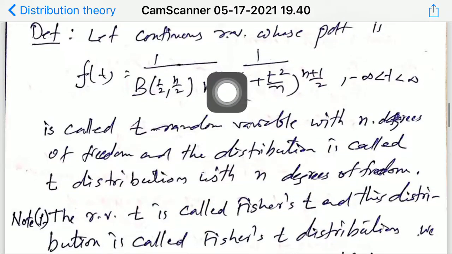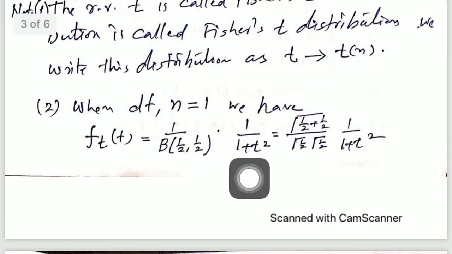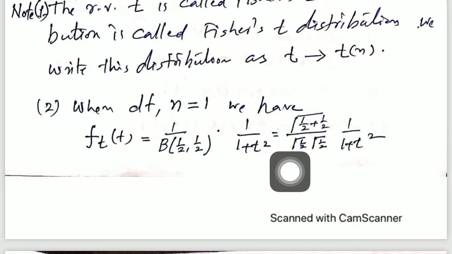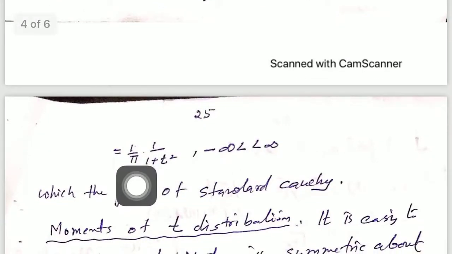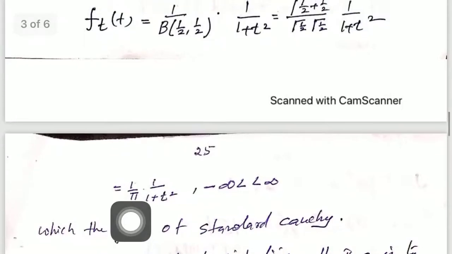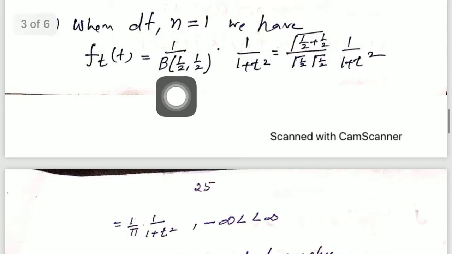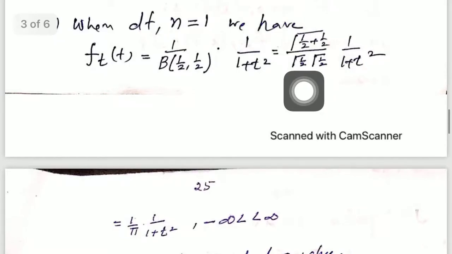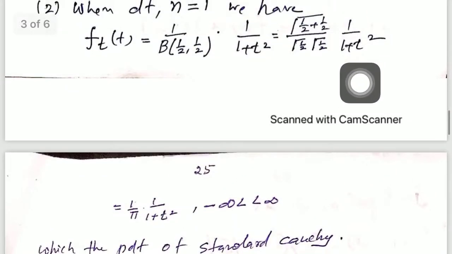So finally you will see that f of t is equal to 1 by beta of 1/2, 1/2, into this, and you will see that this is nothing but 1 by pi, because there is gamma 1/2 into gamma 1/2, that is root pi into root pi, that is equal to pi, then 1 by 1 plus t square.